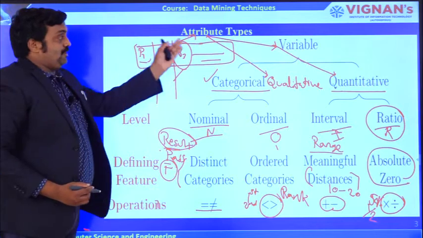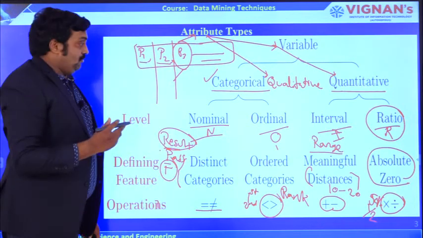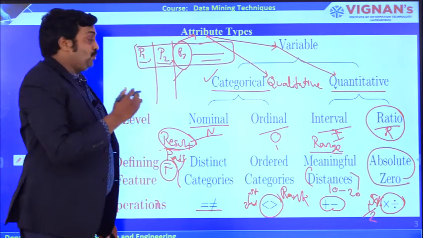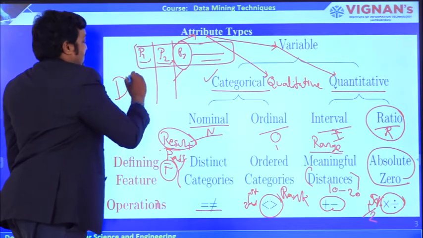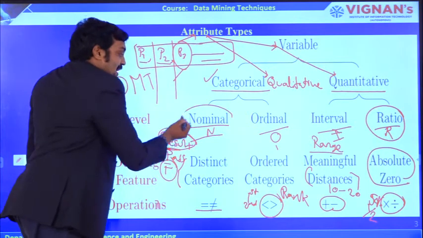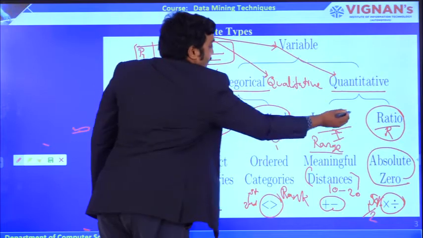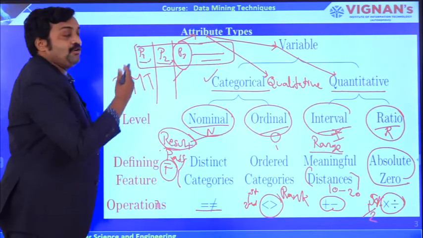So, attribute types we can majorly classify as quantitative and qualitative. If you know what kind of attribute it is, then only can we apply the different data mining techniques on a particular attribute. We have to know what kind of attribute it is, whether it is nominal, ordinal, interval, or ratio. And the major classification, qualitative and quantitative.